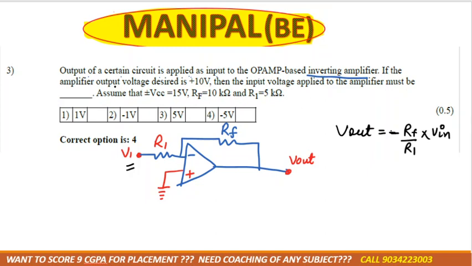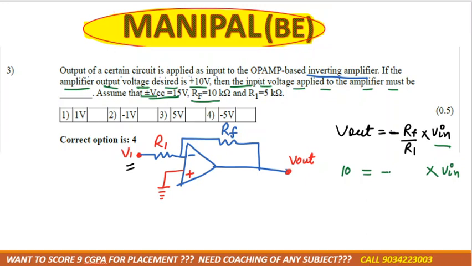Now see what they have given. The amplifier output voltage desired is plus 10 volt, which means they have given output voltage as 10 volt. We need to calculate the input voltage applied to the amplifier. Assume that VCC is the supply voltage. We don't need to use this in this formula.